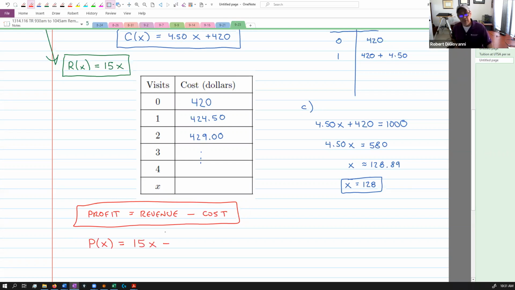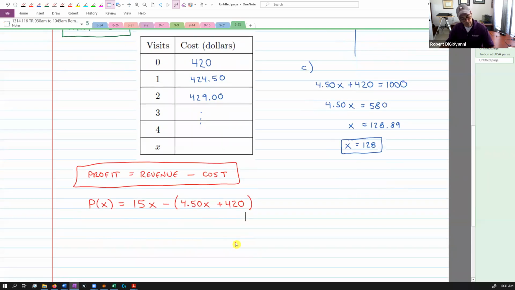Take away the cost function. Now, very important, you're taking away the whole cost function. So you have to subtract both of them. Right, see how you're subtracting the cost? Since there's 2 terms, you have to have it in parentheses. So the minus will go through to both.